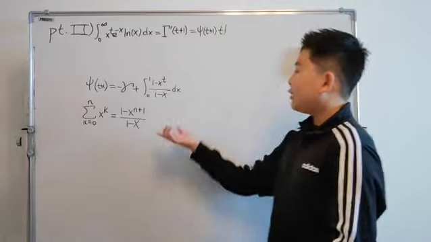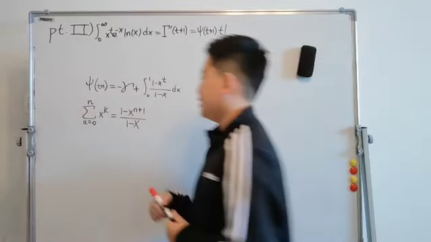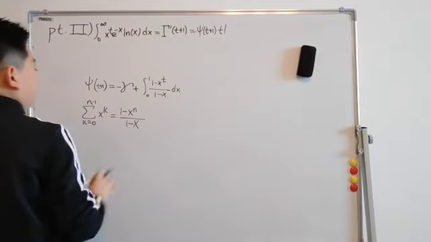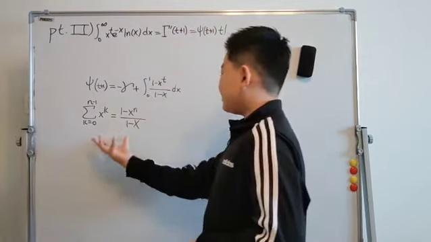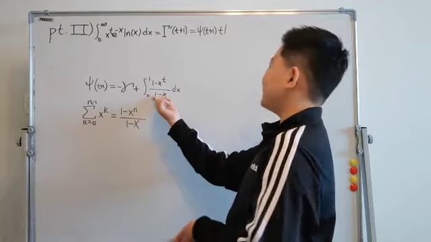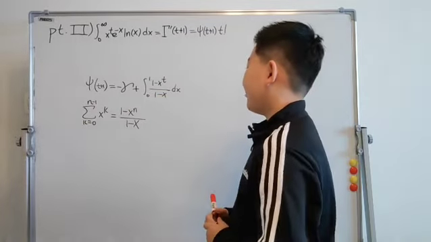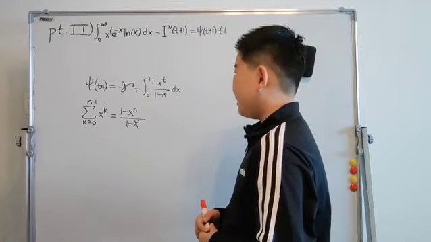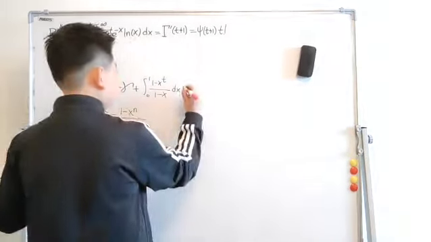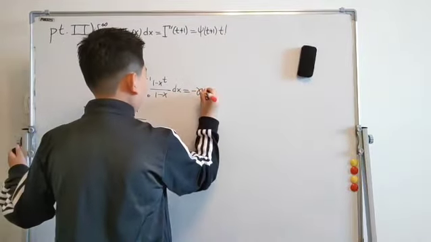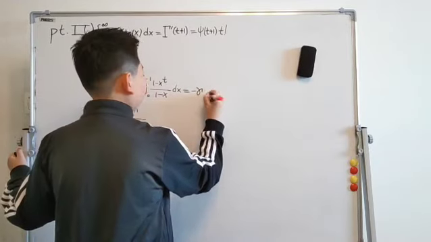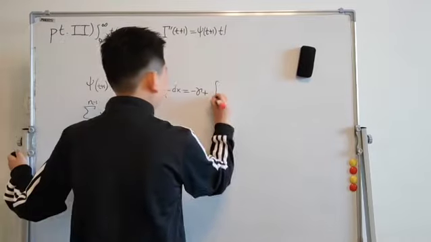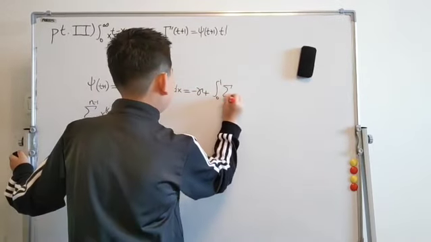And now, if we just plug in n minus 1 to here, we get n minus 1 over here, and then that would be this thing right here. And this thing is exactly the integrand from before. Okay, so this is going to be equal to negative Euler's constant plus the integral from 0 to 1 of the sum.